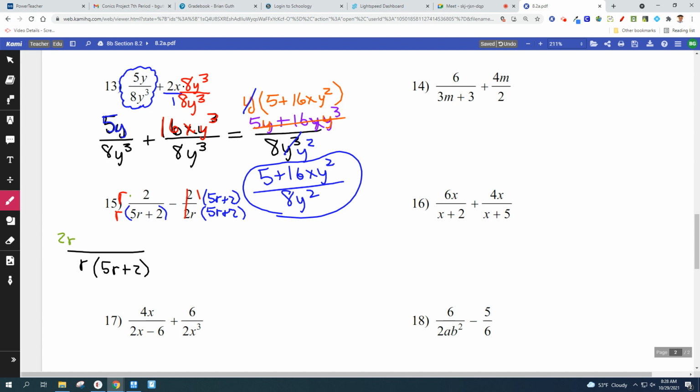And notice you've got minus 1 times 5r. So that's going to be minus 5r. But what everybody misses, everybody forgets that you've also got minus 2 right here. All right, minus 2 right there, minus 2.